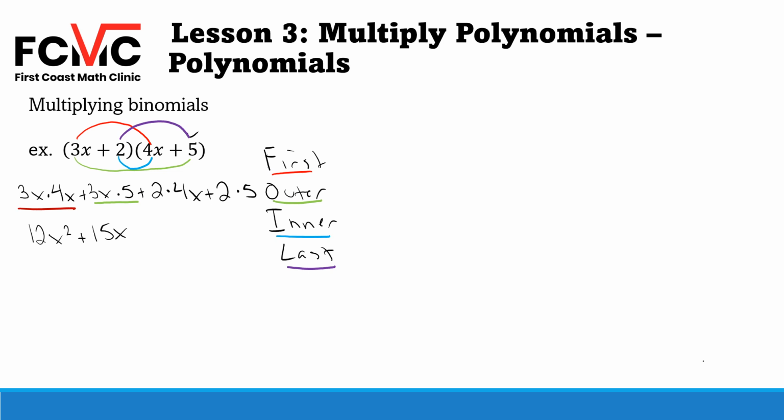Our inner terms, 2 and 4x. 2 times 4x is going to give us 8x. And then the last terms, 2 times 5, will give us 10.